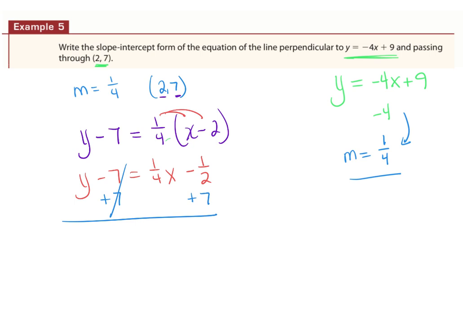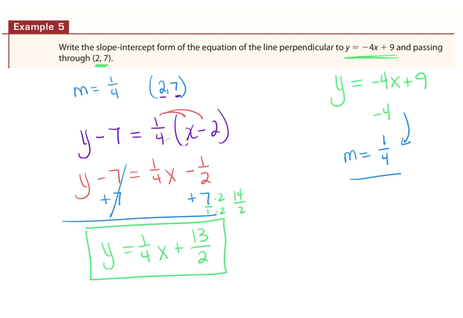And again, you need a common denominator. So this is going to be 14/2. All right. And then we need to add -1 and +14. So we're going to get 13/2. So we have y equals 1/4 x plus 13/2.